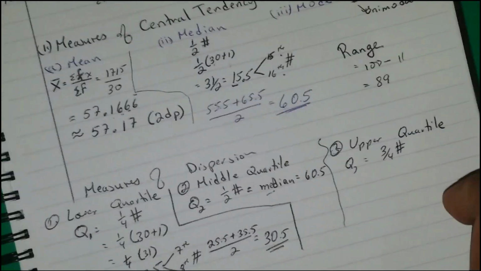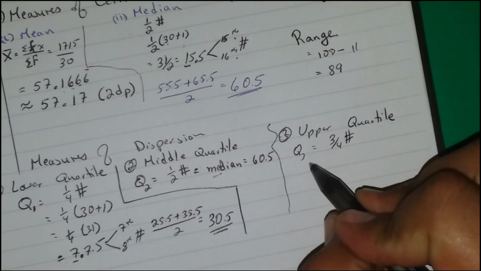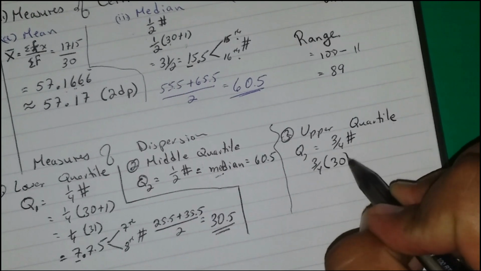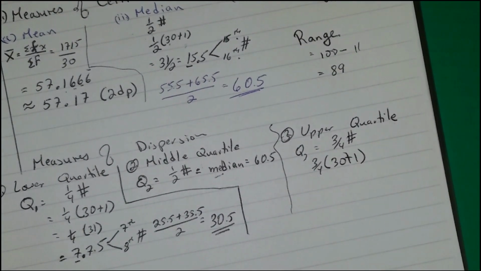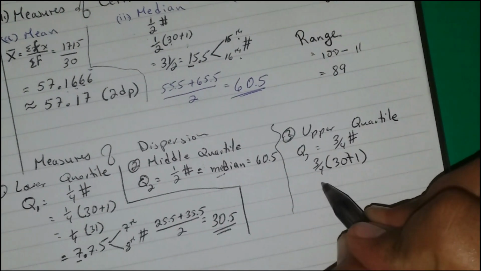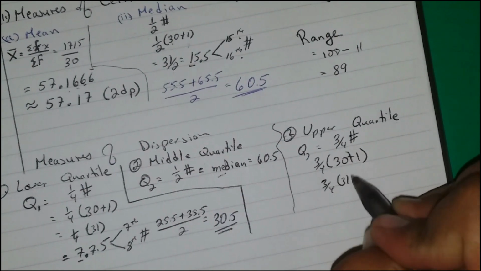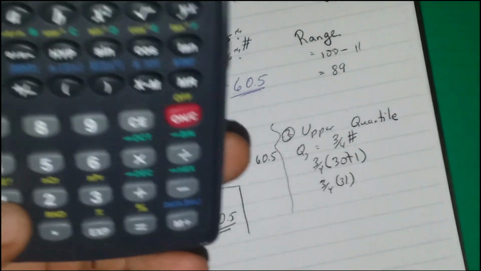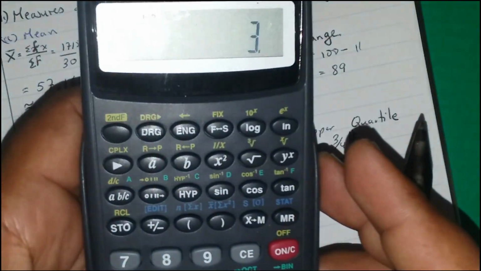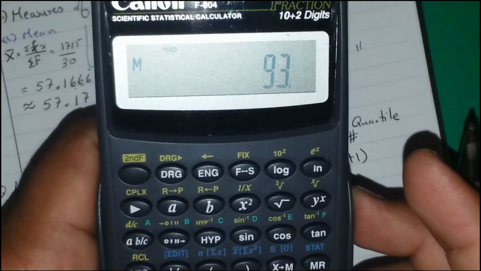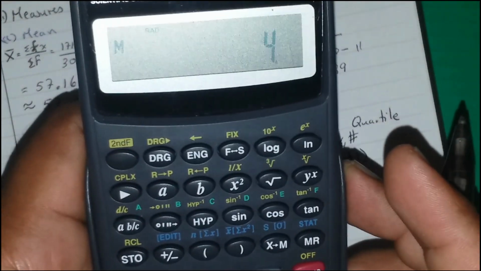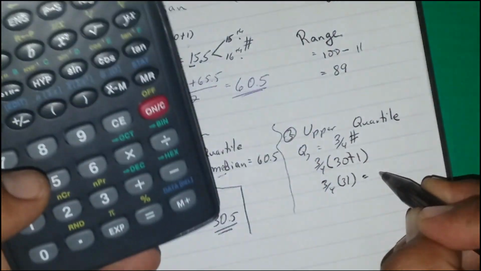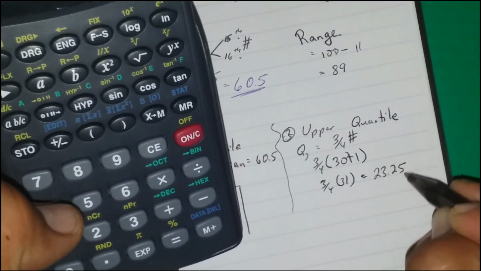Now the 3/4 number is going to be 3/4 of 30 numbers plus 1 to make it accurate. 30 plus 1 is 31, so that's 3/4 of 31. 3/4 of 31 again, that's going to be 31 times 3 divided by 4, that's going to be 23.25.